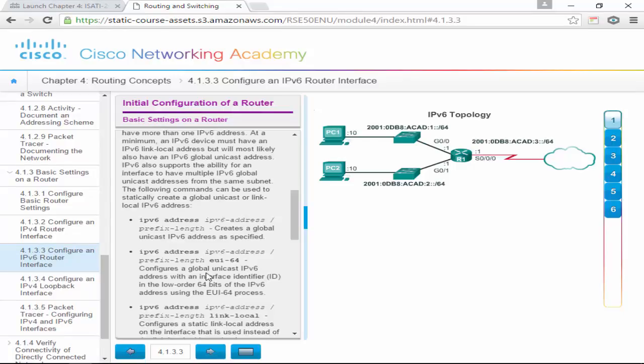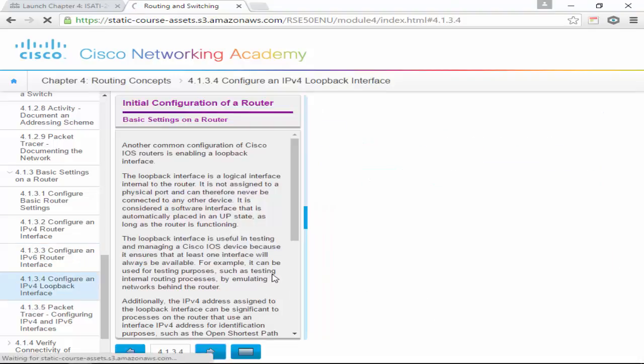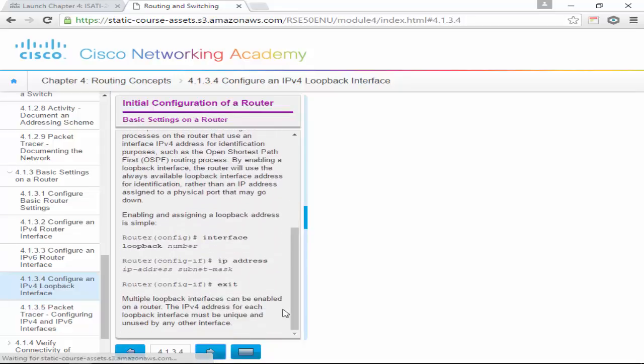Not really used anymore, but you have link local or the IP version 6 with the multicast. But if you want to build a unique identifier based on the EUI64, put the EUI64 in there instead of link local. I don't think that's supported by Packet Tracer, so you don't have to worry about it.